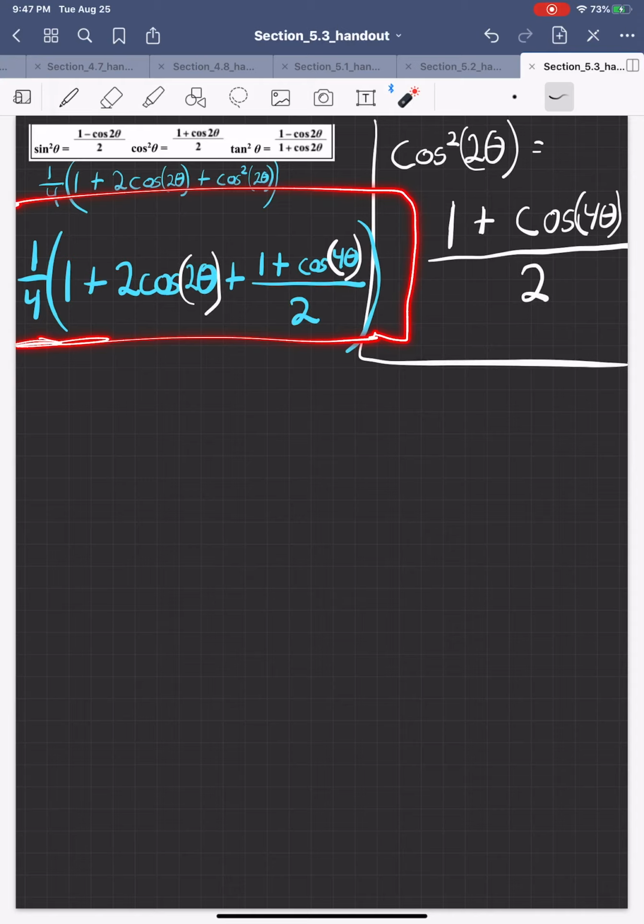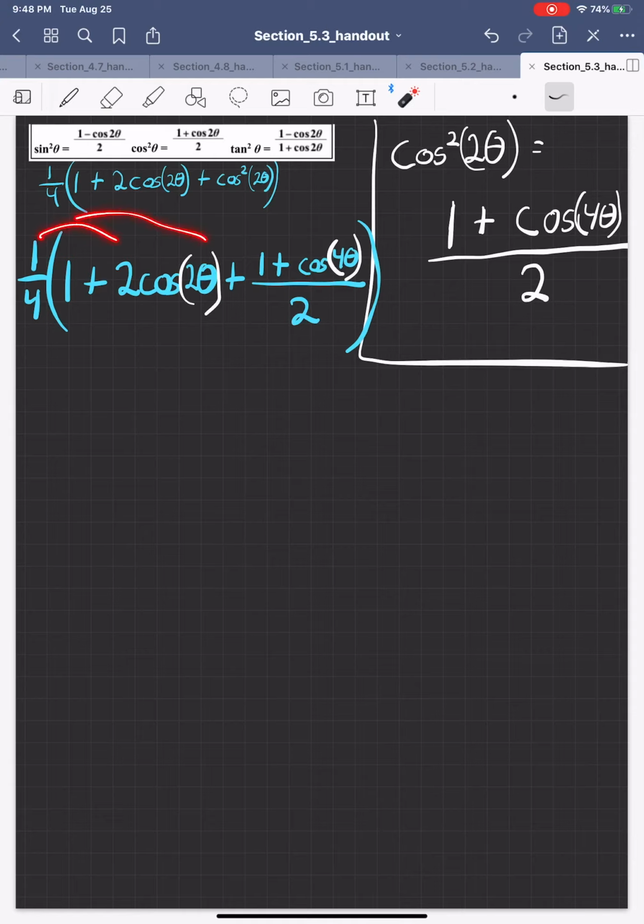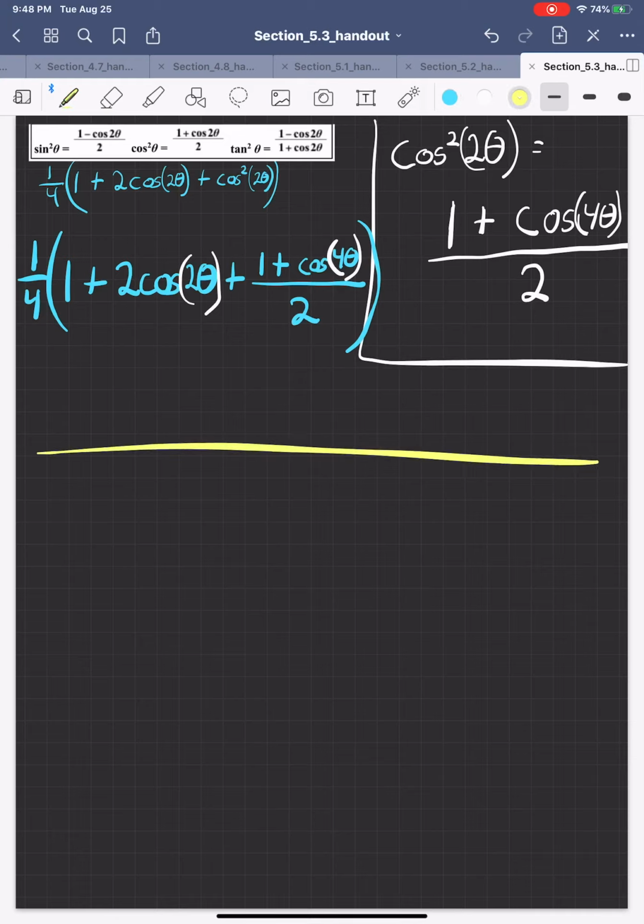For the test that you would take with me, I would accept an answer like this. When you're doing your homework on software like MyMathLab, they're going to want you to go ahead and distribute this 1/4 and combine like terms. In other words, let me write the answer that they're going to want it to look like. So I will use a different color so that you know that we're all done.